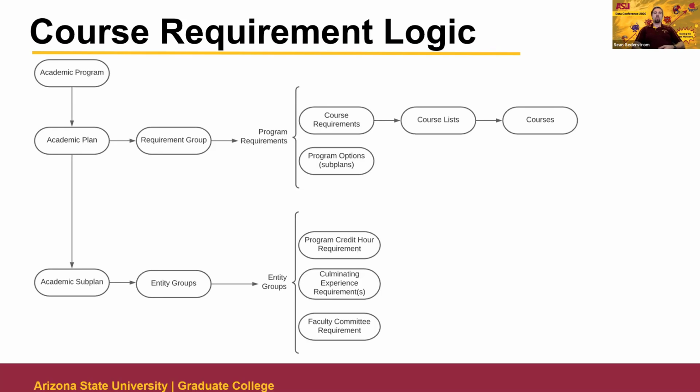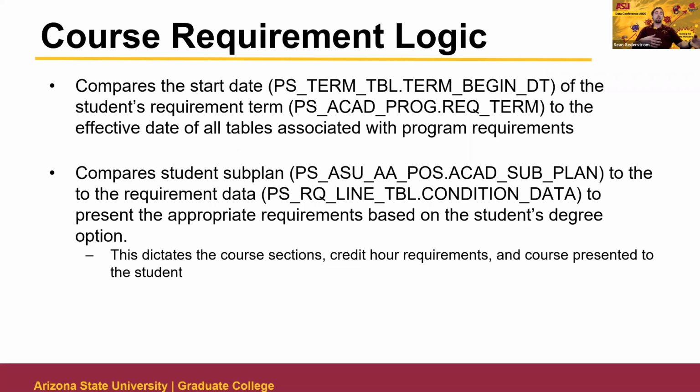The way that we automate how a student actually gets the right requirements is that it goes to those tables. It goes to those requirements, looks at the effective date of that requirement, and then compares that effective date to the student's requirement term. So go into the term table, get that date, compare it to the effective date of the requirement, and that's how it knows what requirements to give.